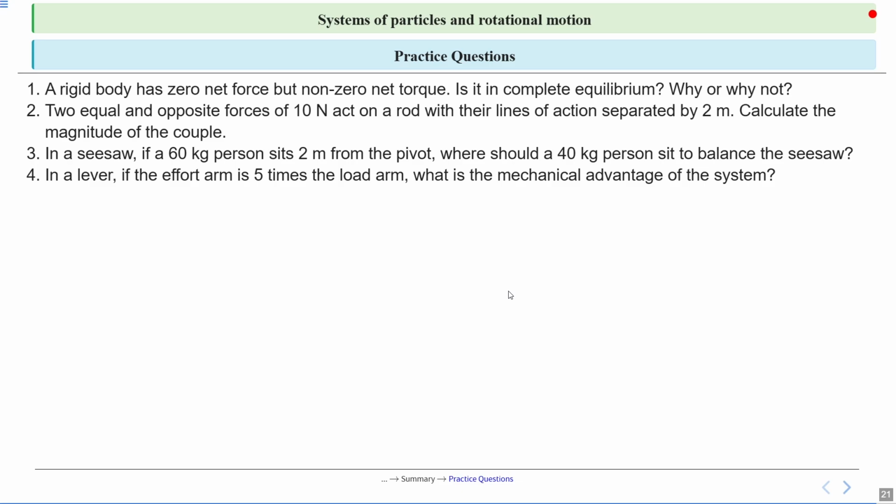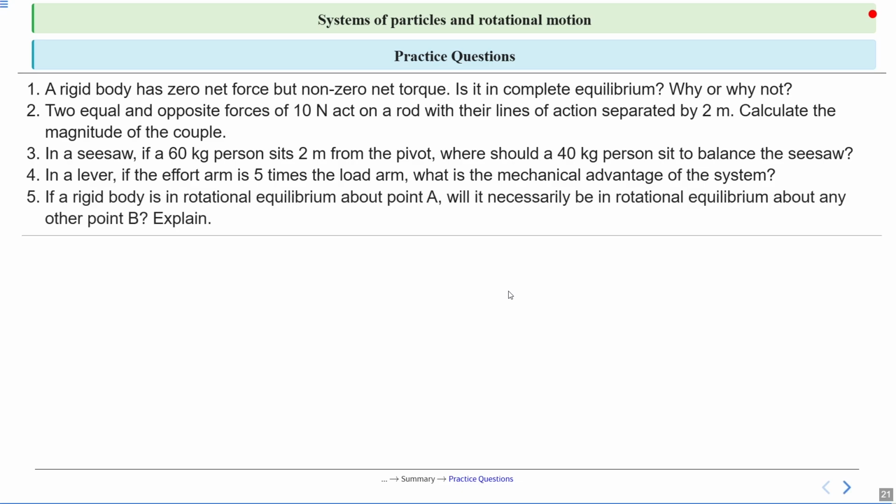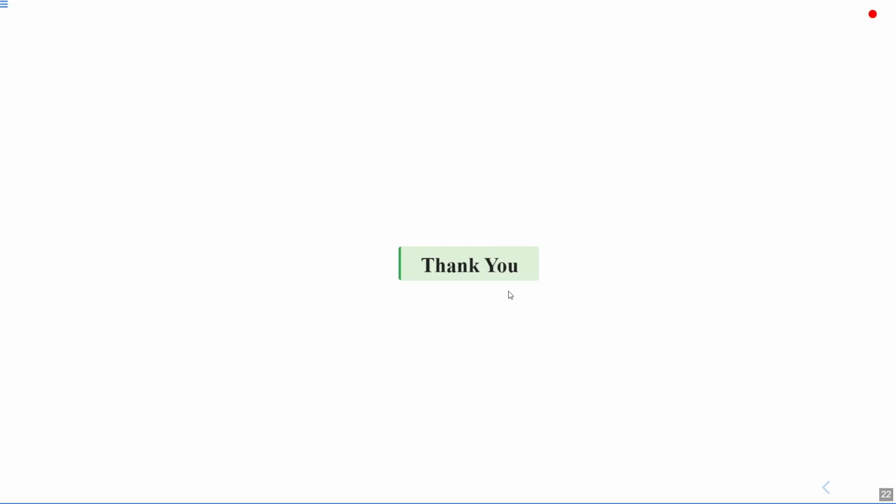Fifth, if a rigid body is in rotational equilibrium about point A, will it necessarily be in rotational equilibrium about any other point B? So these are the practice questions for you. Thank you for your attention.